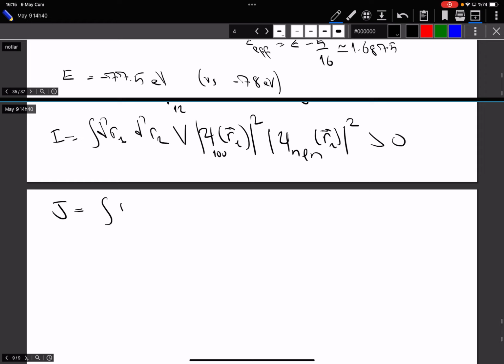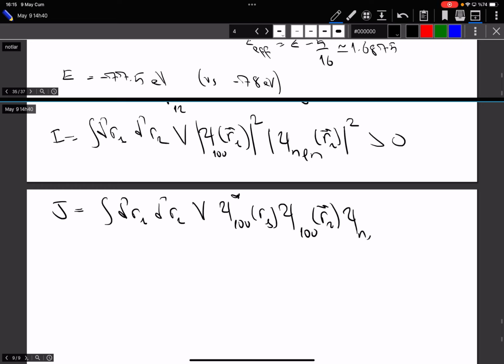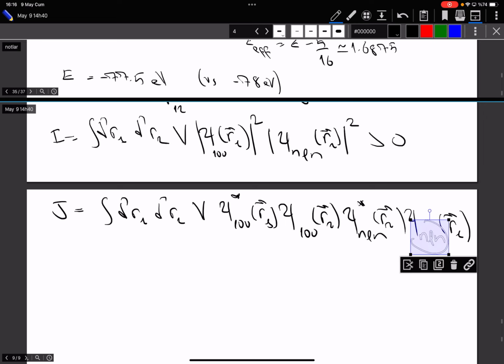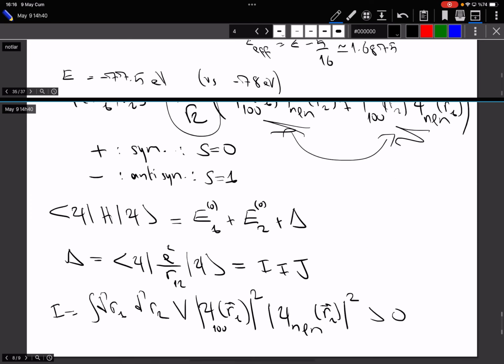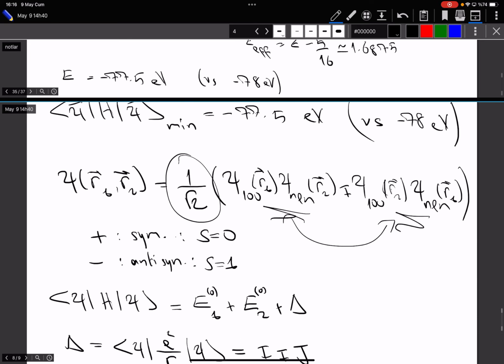J, on the other hand, will be d cubed R1, d cubed R2, again V, psi 1,0,0 star of R1, psi 1,0,0 of R2, psi NLM star of R2, psi NLM of R1. This is again the off-diagonal term.